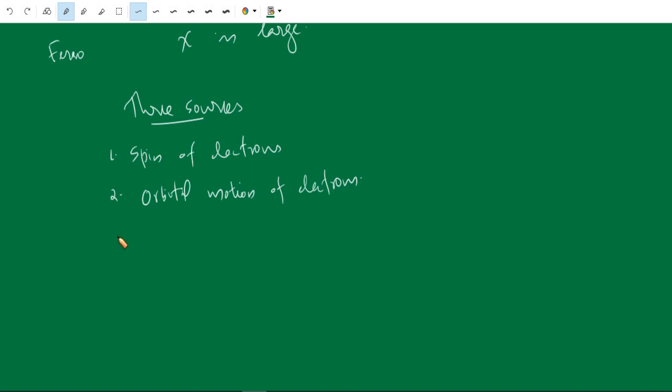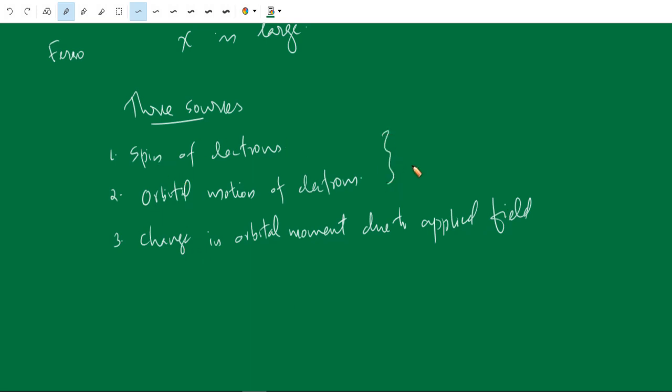And the third source is the change in orbital magnetic moment due to an applied magnetic field. The first two sources create paramagnetism, whereas the third one causes diamagnetism.